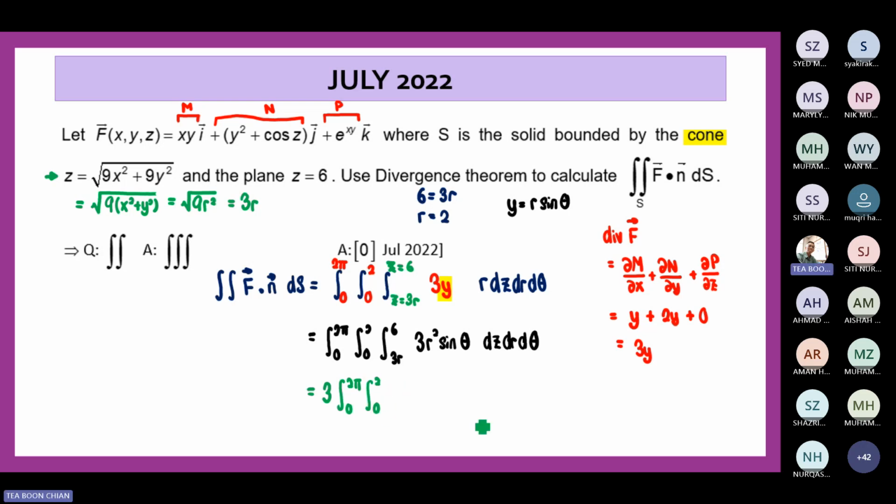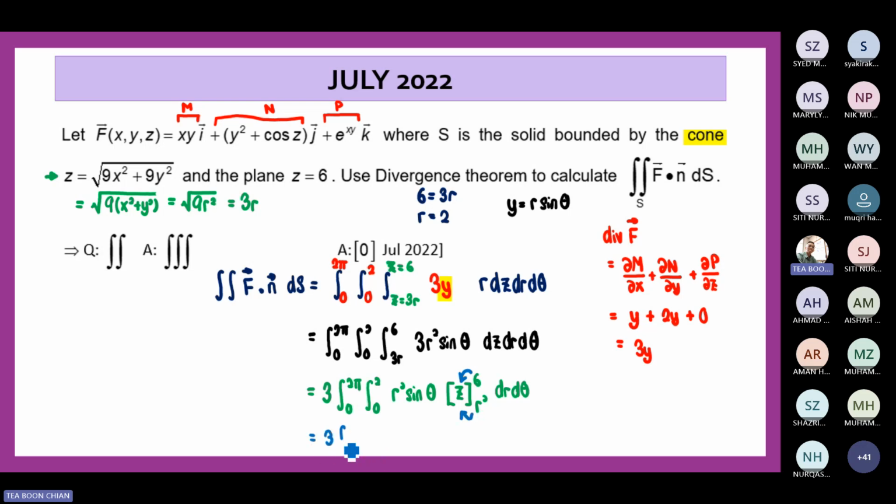Whenever I integrate with respect to z, r squared sine theta I have not touched yet. Therefore, integrating dz returns me a z variable from 3r to 6. Now be careful, upper and lower limits have certain values and certain functions that you need to substitute.